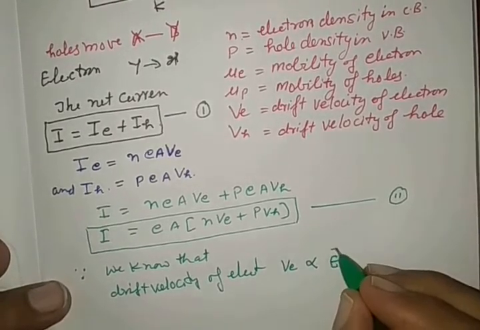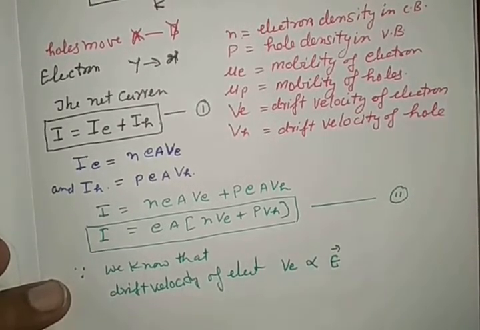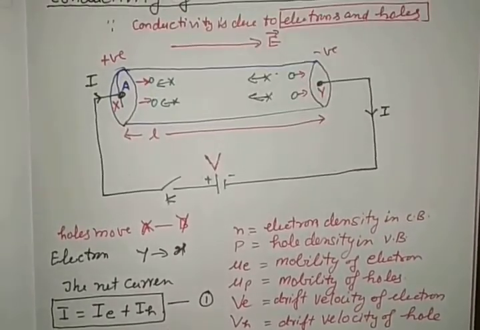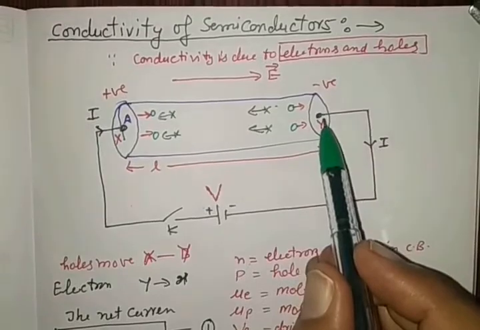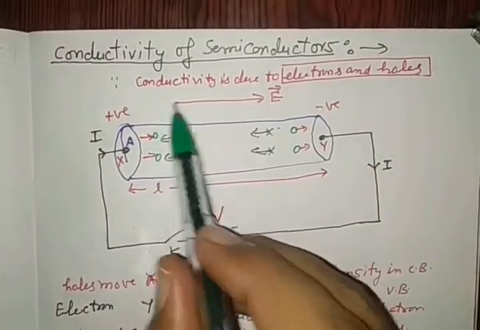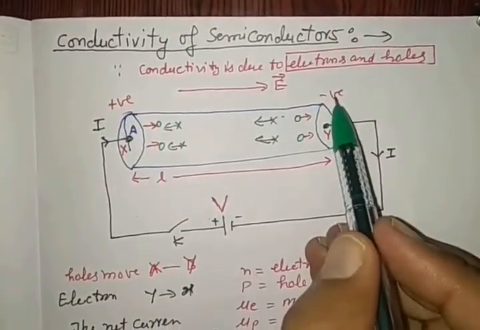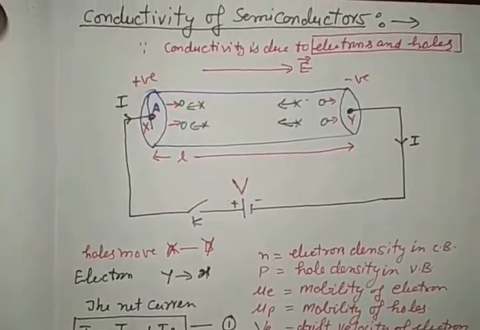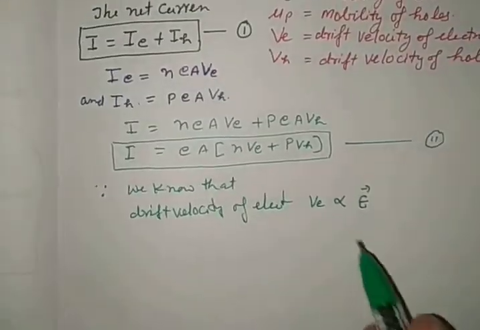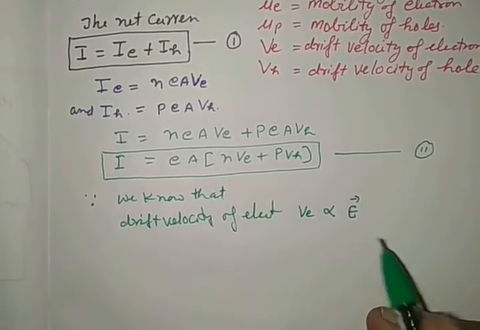When a potential difference is applied at the ends of the semiconductor wire, an electric field E is maintained between the ends, and the velocity of the charge carrier depends on it.